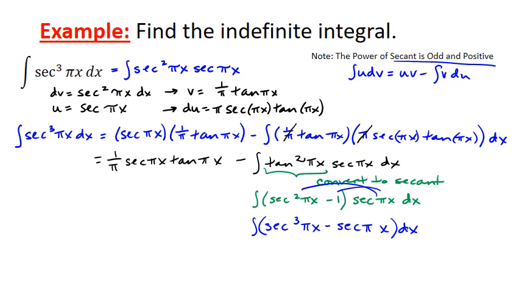All right, so now in this case, just like before, I can separate this into two separate integrals. So this becomes the integral of secant cubed pi x minus the integral of secant of pi x.